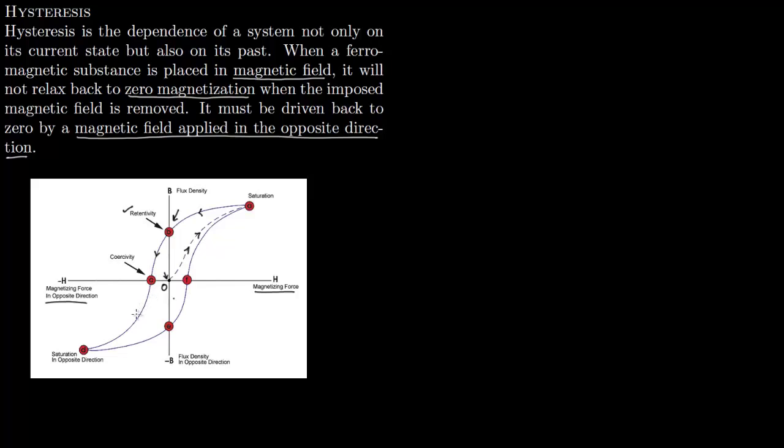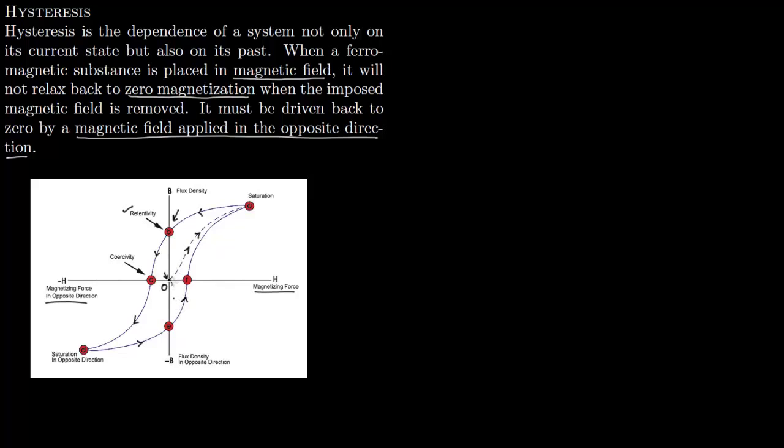So the magnetic field will reverse in the material. It will reach a saturation point and then you start taking off this magnetizing force and the material will move from D to E, that is opposite saturation point, to some opposite retentivity, and then you apply a positive magnetizing force, you go back to F.